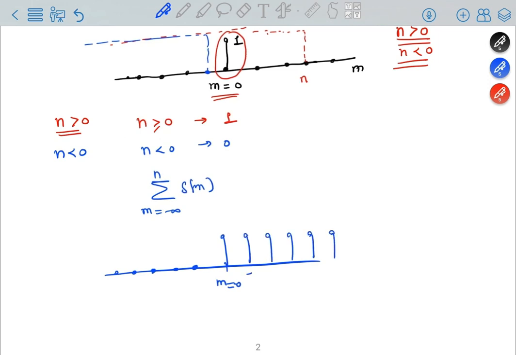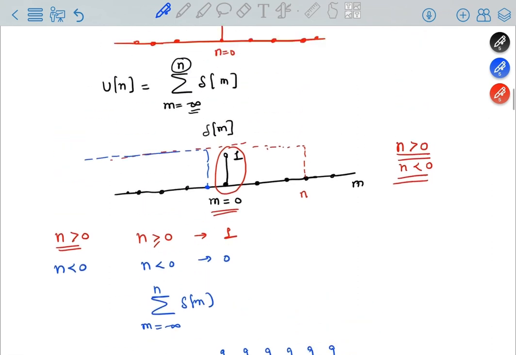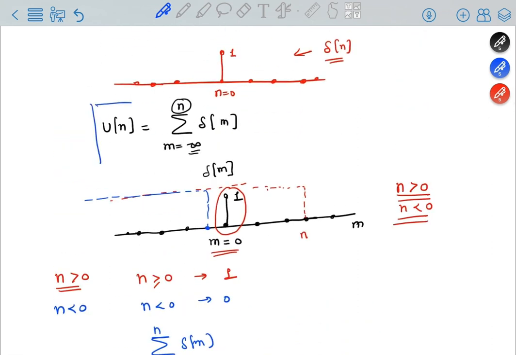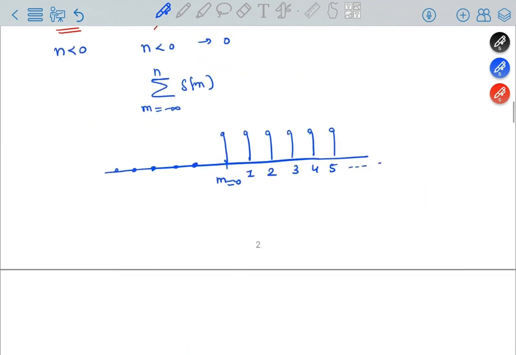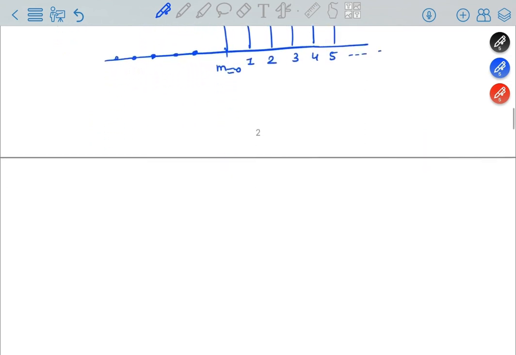So indirectly, what are we getting? We are getting our unit step signal back. In this manner, this expression can be a representation of unit step signal in terms of unit impulse signal. This is one way of representing unit step signal.